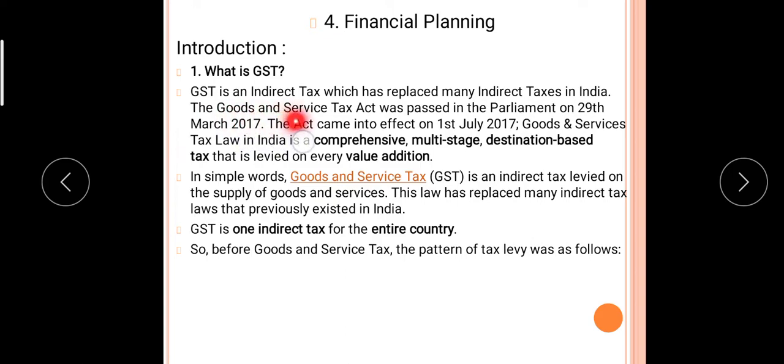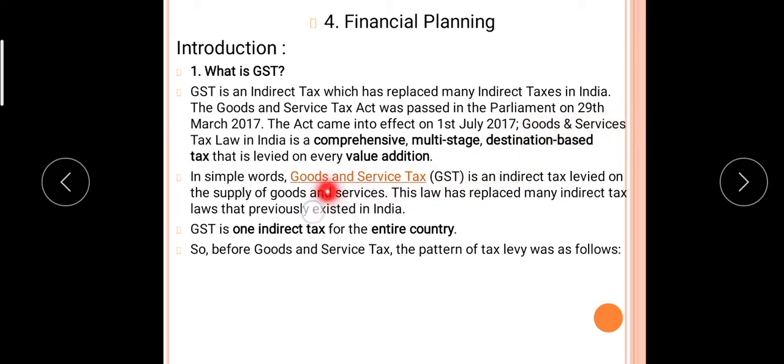The Goods and Services Tax Act was passed in Parliament on 29th March 2017. This is just a 2-3 sentence history. The act came into effect on 1st July 2017, meaning from 1st July 2017 it is in effect in the market in India.